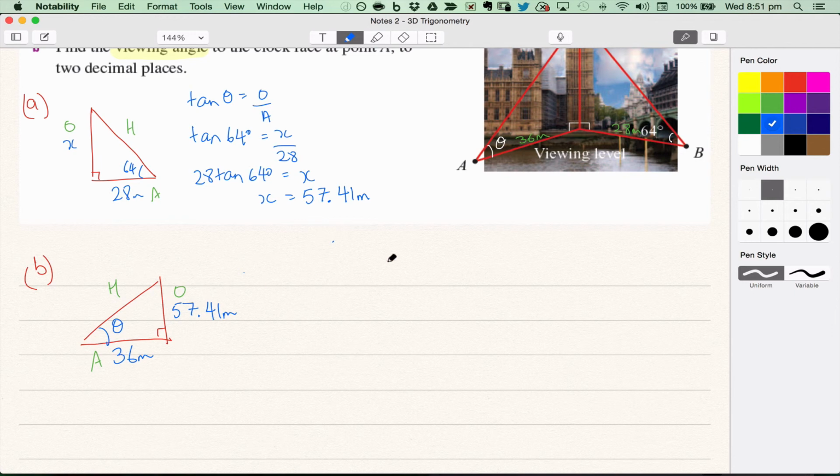We've got O and A, so we can use tan theta equals opposite over adjacent. Substitute the values in. Opposite is 57.41 over 36.